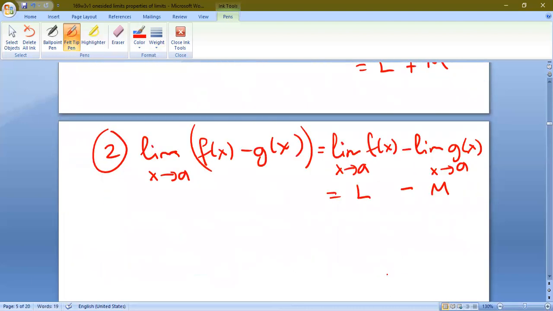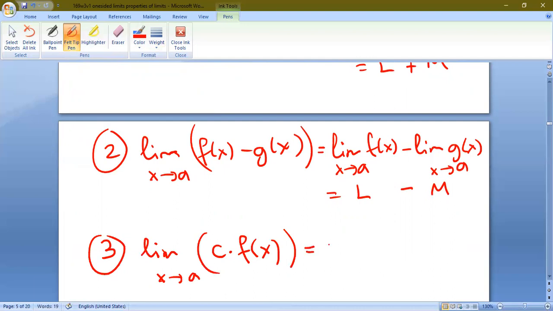And then we can have the limit of c times f, where c is a constant, as we said earlier. This is equal to c times the limit of f as x goes to a. Well, of course, that's going to be c times L.